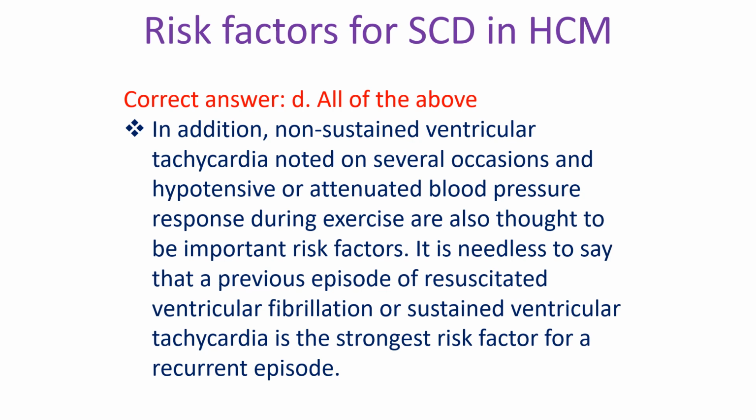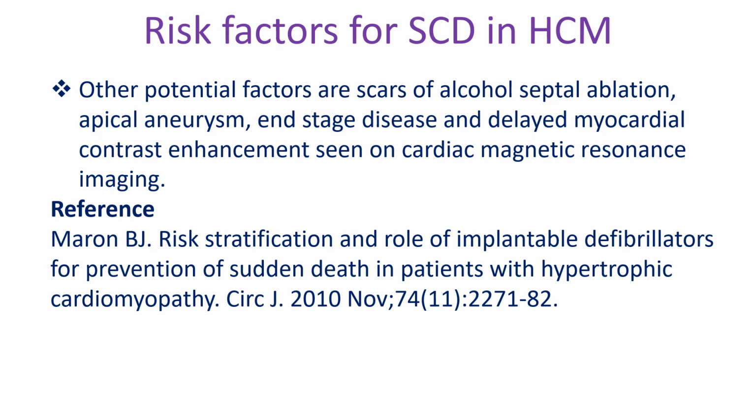It is needless to say that a previous episode of resuscitated ventricular fibrillation or sustained ventricular tachycardia is the strongest risk factor for a recurrent episode. Other potential factors are scars of alcohol septal ablation, apical aneurysm, end-stage disease, and delayed myocardial contrast enhancement seen on cardiac magnetic resonance imaging.